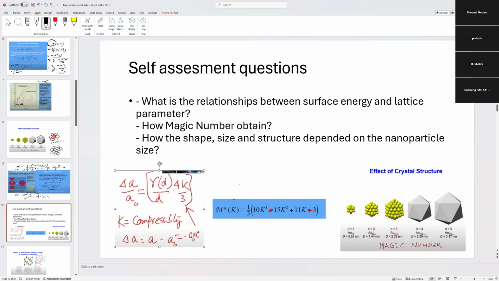How do you obtain the magic numbers? We saw this formula: m star k is 1 by 3 times 10k cubed plus 15k squared plus 11k plus 3.